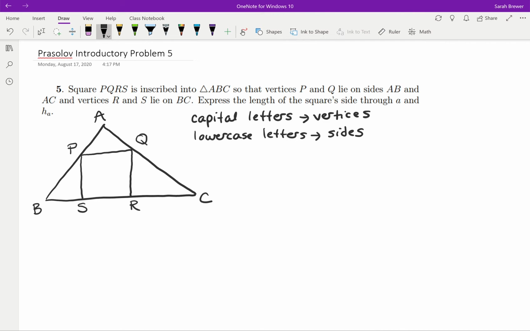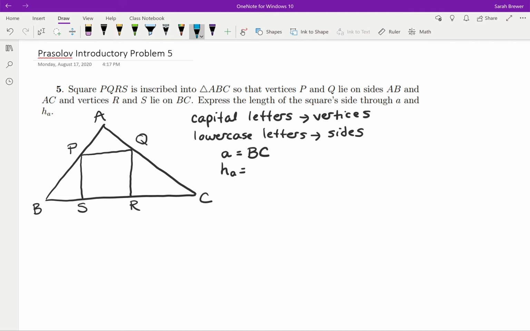So little a is the side opposite the angle or vertex indicated by capital letter A. In this case, little a is the same thing as side BC of our triangle. And H we typically use for height or altitude. And so HA is the altitude through vertex A.